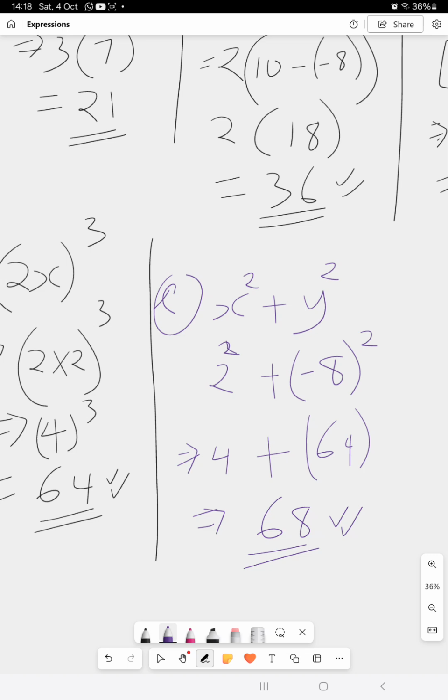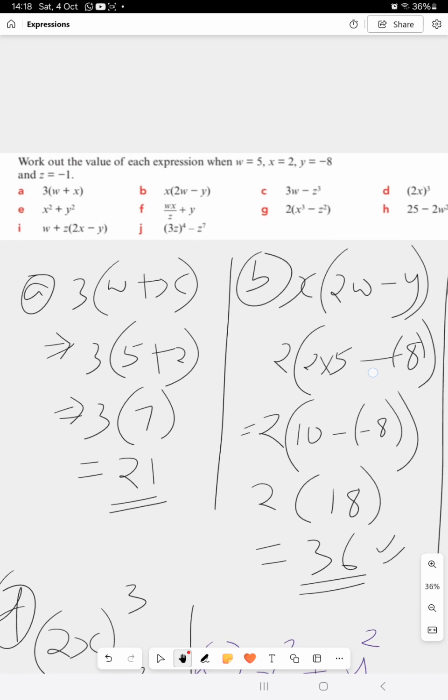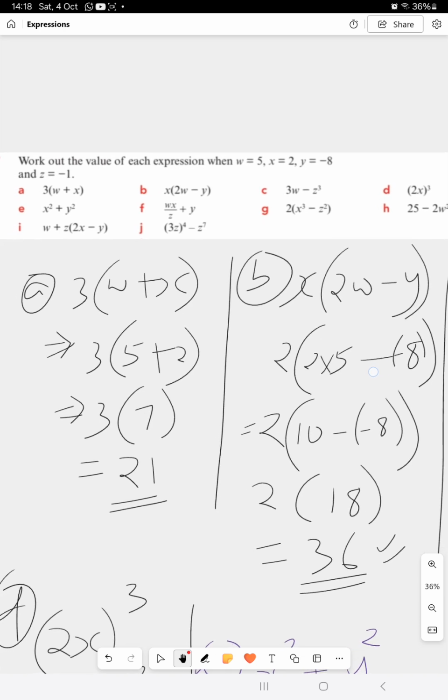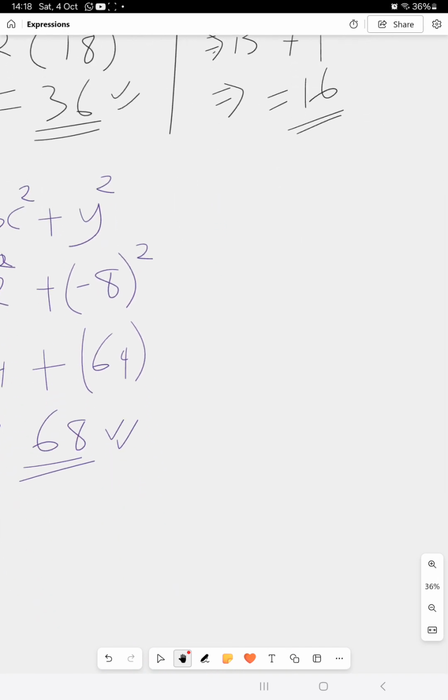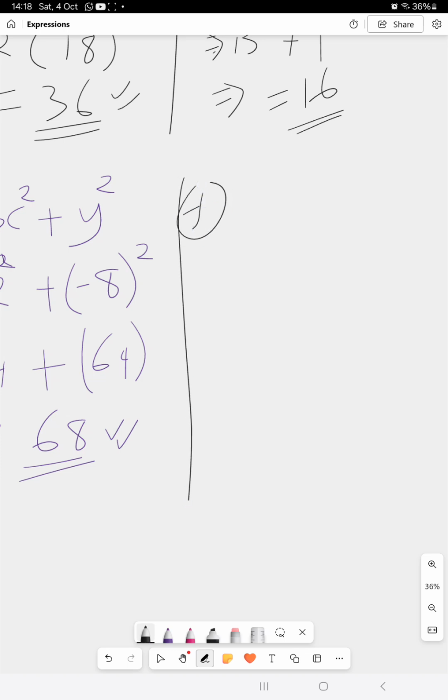Let's go to the other one. The other one is F, which is wx over z plus y.